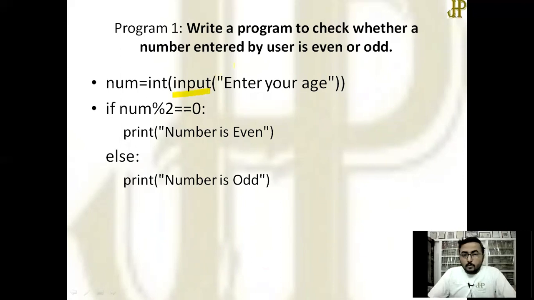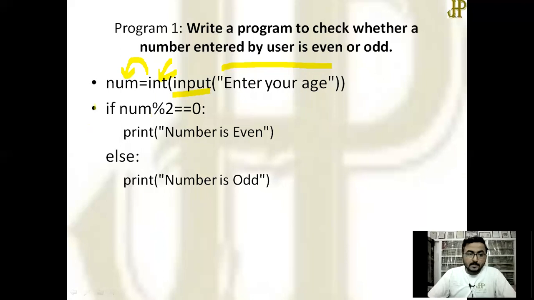The argument you pass in the input function will flash on your screen, and whatever value you give will always be treated as a string. So you have to convert it into a proper form so that your calculation can be executed. So I converted whatever value you enter into an integer, and after that it will be assigned to a variable.